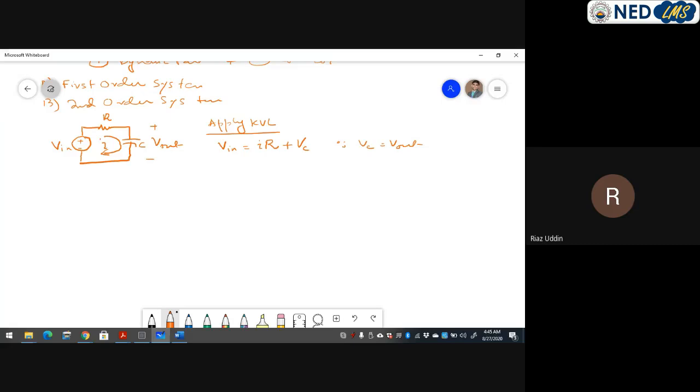Now what we know is that I is equal to IC is equal to IR, so I can directly write that the current across the capacitor is equal to C dVC.